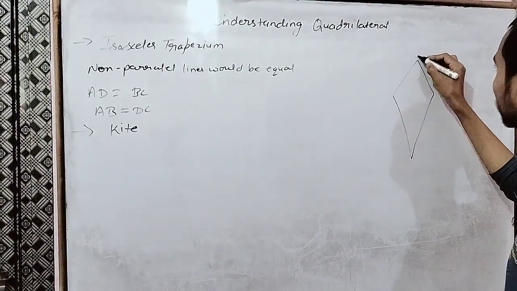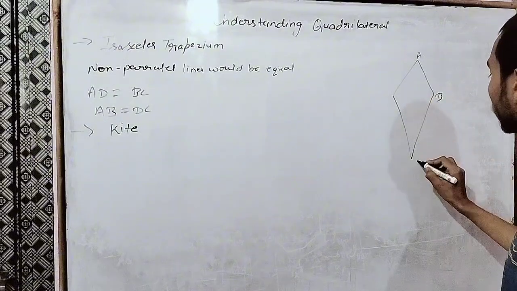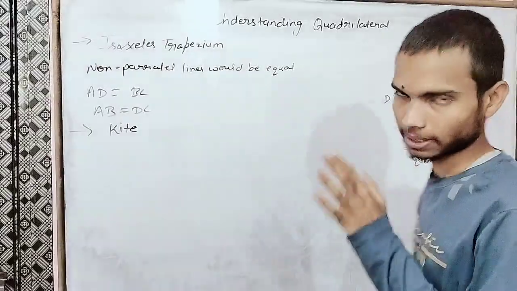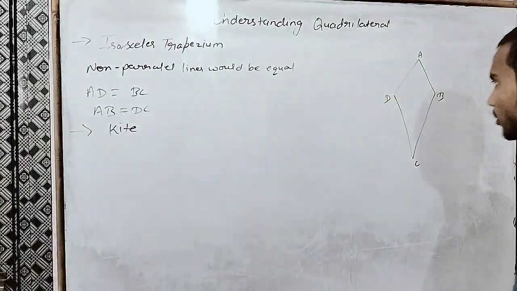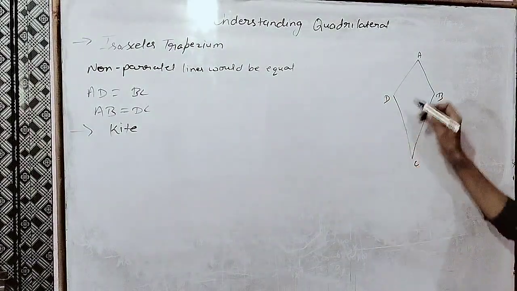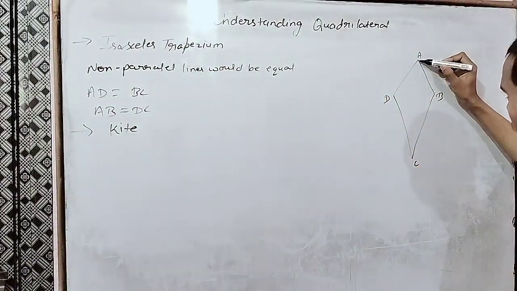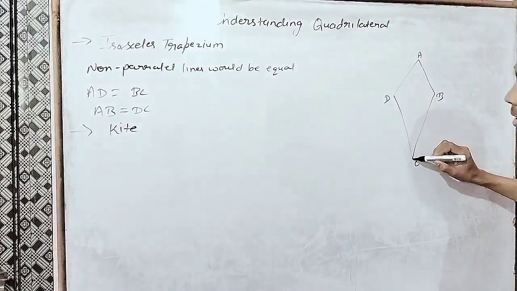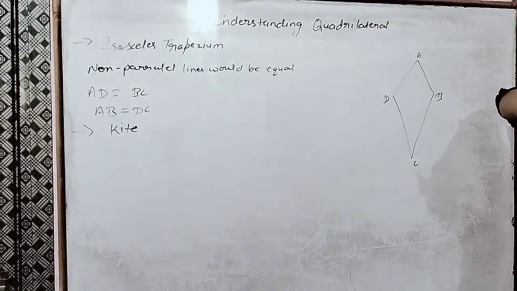This is figure A, B, C, D. Okay, kite. Here this is a common vertex, and just opposite to this is an opposite common vertex, AC.